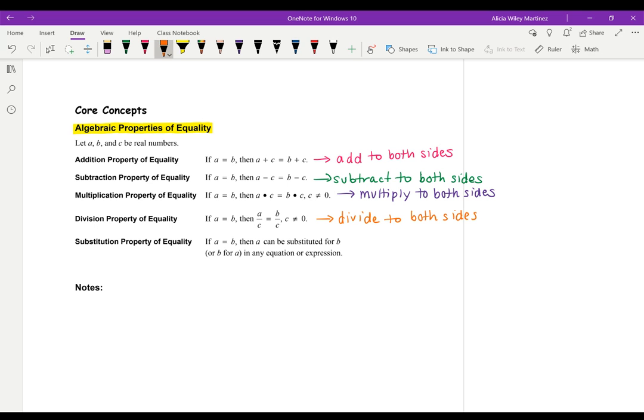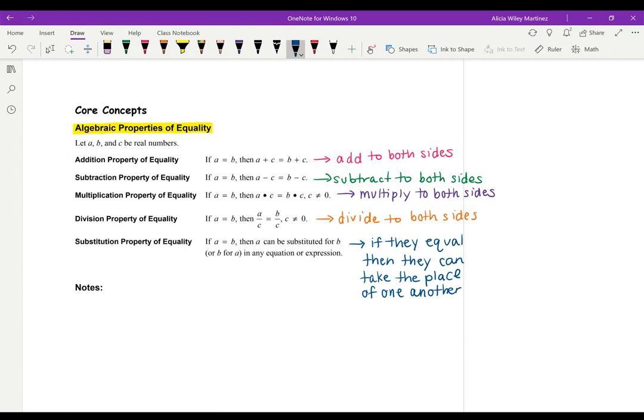Substitution property is the idea that something can take the place of something else. So when you substitute, it's the idea that if they are equal, then they can take the place of each other.